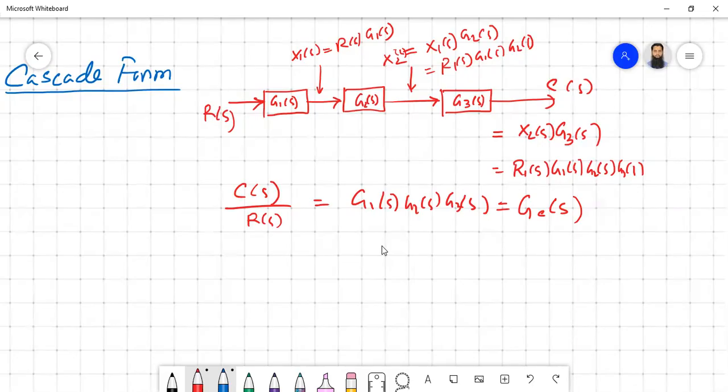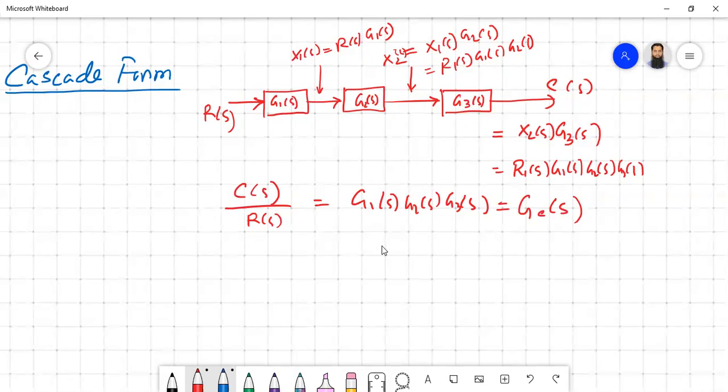That is, a subsystem's output remains the same whether or not the subsequent subsystem is connected. If you know the transfer function of each block, and you multiply those two and find one result, and if you connect them and find another result, then one system is loading the other system. In that case, we cannot apply this cascade form.